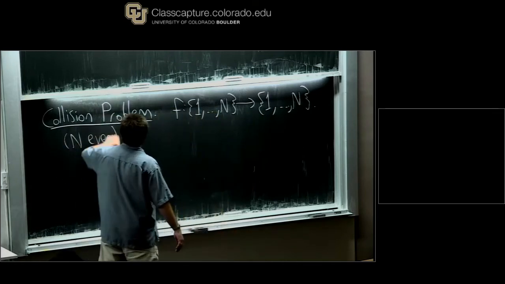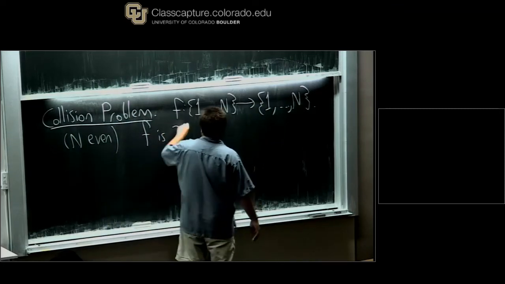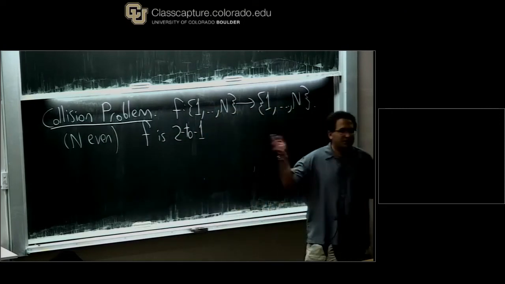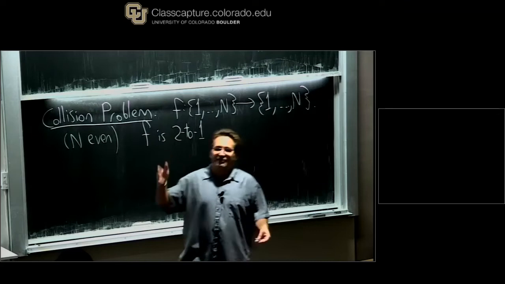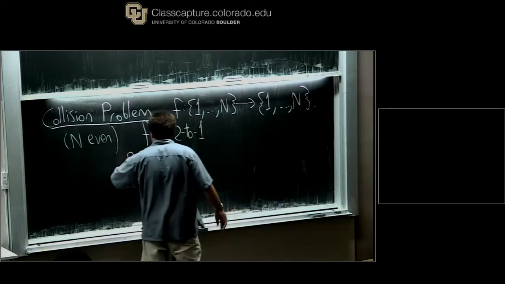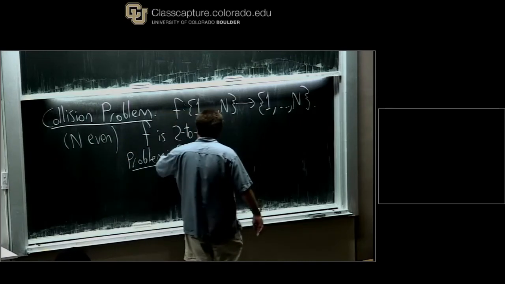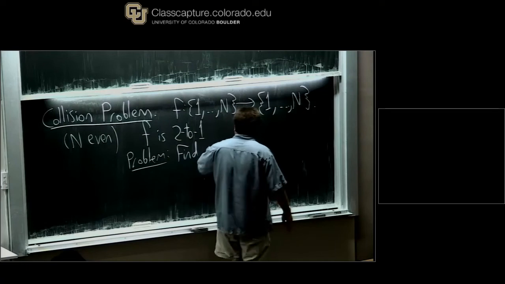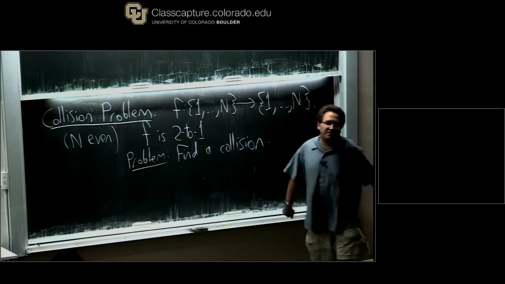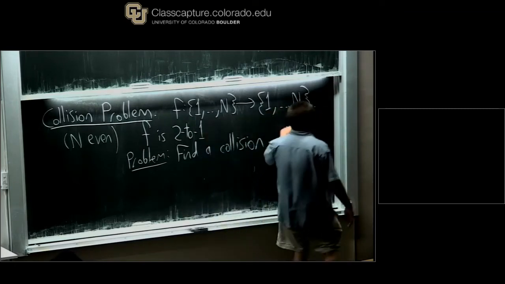Let's say n is even, and let's say I promise you that f is a 2-to-1 function. So every output of f has exactly 2 preimages. And your problem is simply to find any collision, that is, find any x and y such that f of x equals f of y.